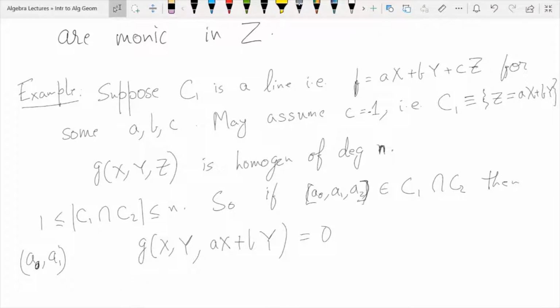So maybe we'll pretend homogeneity, we'll worry about it in a bit, but (A0, A1) should satisfy this equation. And A2 will be just A times A0 plus B times A1.